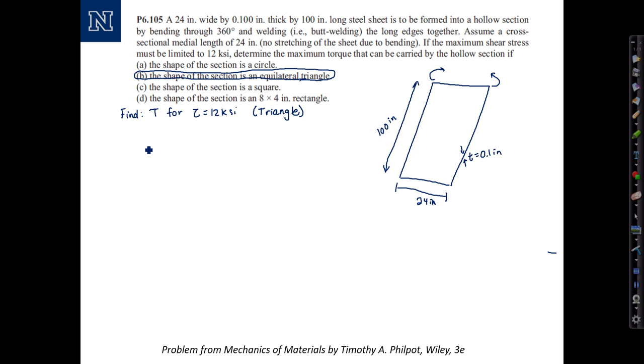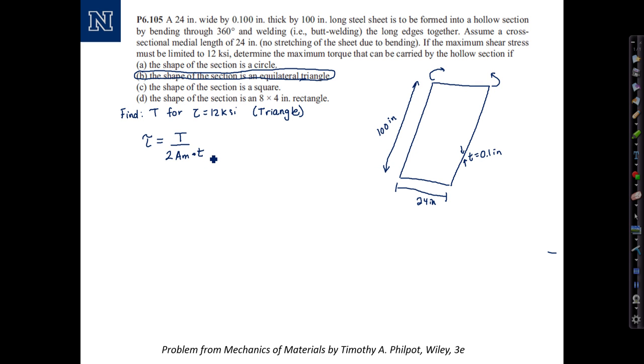Remember, our equation for the approximate shear stress in a thin-walled tube section is equal to the torque divided by 2 times A sub m times t, the thickness of the section, where A sub m is the area to the midline of the section.